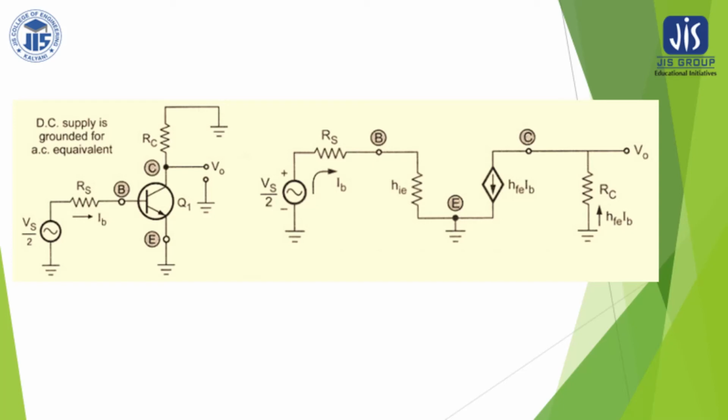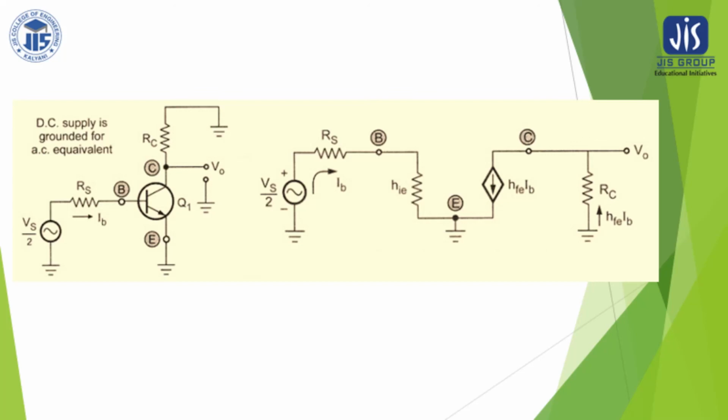So therefore we are getting it equal to gmRC, provided we consider RC1 equal to RC2 equal to RC.